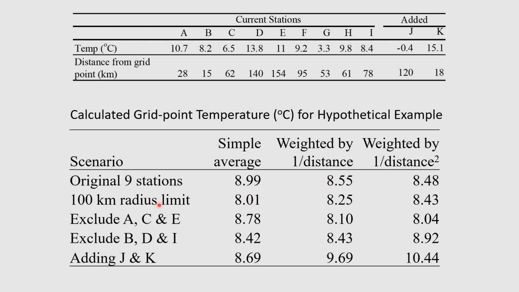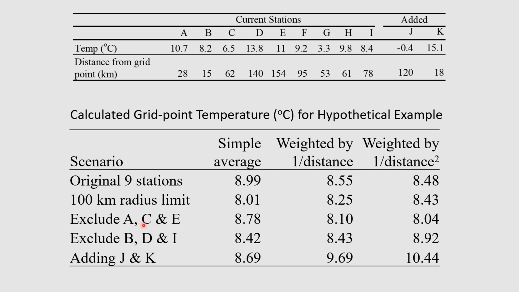If we look only at those stations that are within a 100-kilometer radius of the farm in question, we would then leave out D and J. Then we end up with 8.01. If it's weighted by distance, 8.25, and then 8.43 for distance squared.